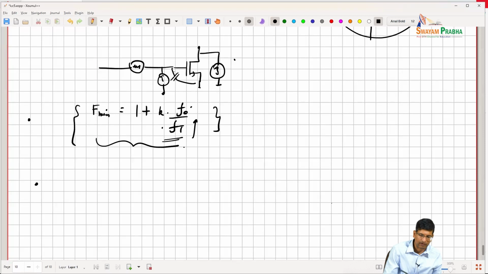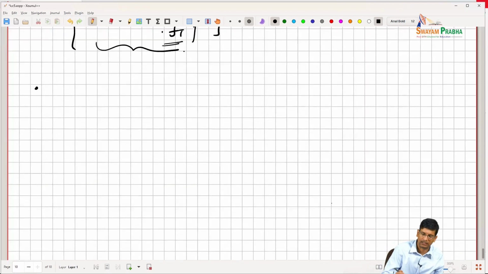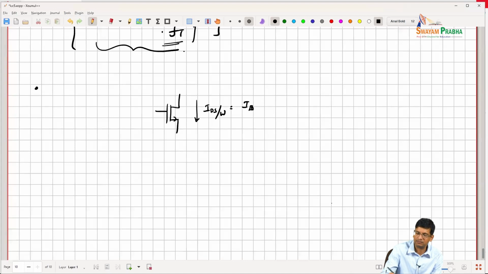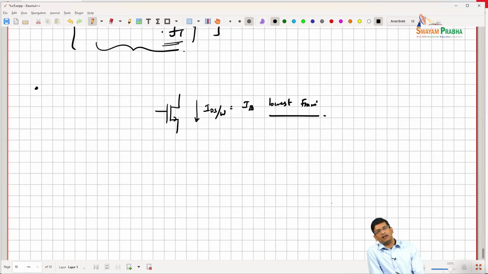But from a millimeter wave perspective, we can do something a little algorithmic, which is I can take my device, and bias it at a current density that gives me the lowest noise figure. We find that there is a current density that is sort of constant for F min.